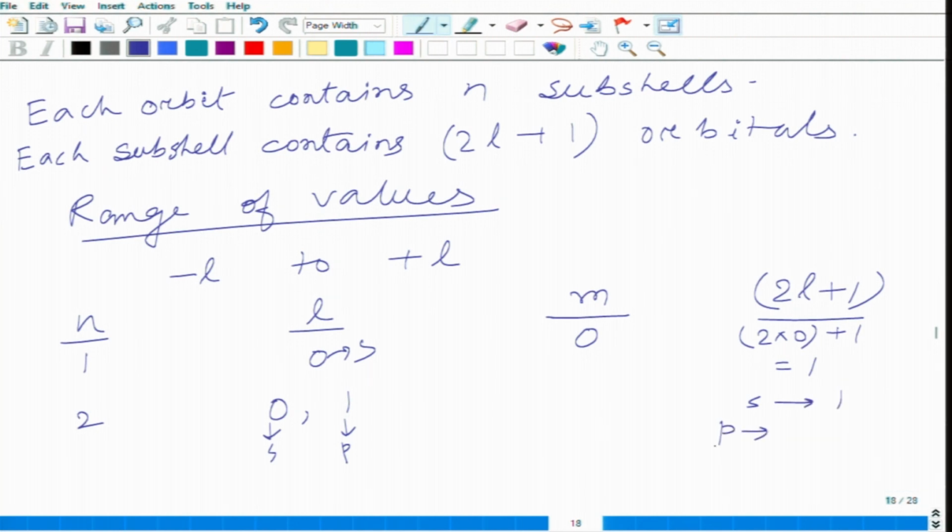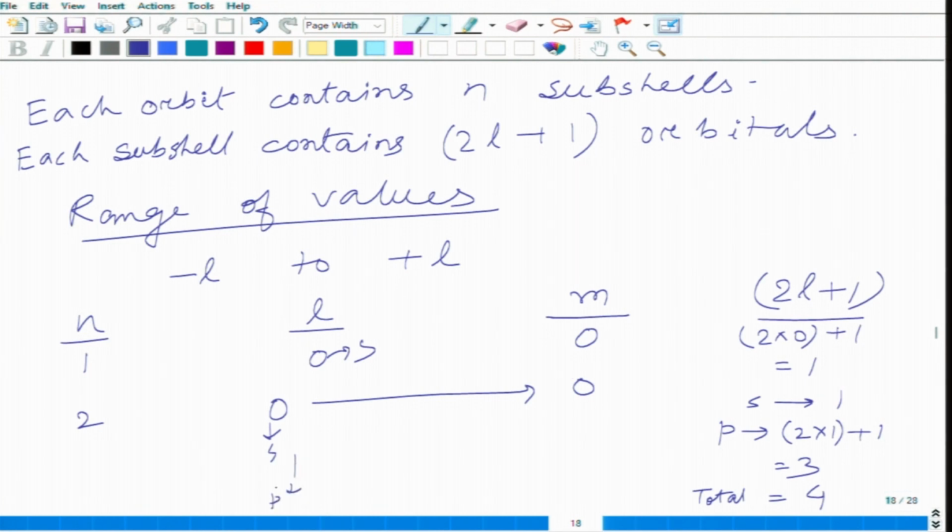For the p subshell, p means 1, so 2 into 1 plus 1, that is 3 orbitals. So in total, n equal to 2, that is the second orbit, will have 4 orbitals. So for 0, we get m equal to 0.